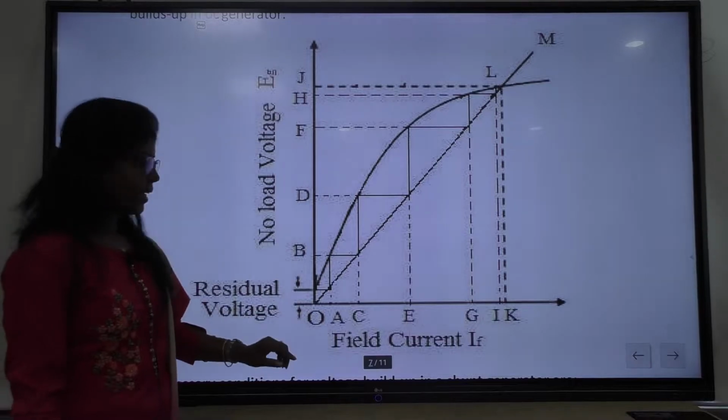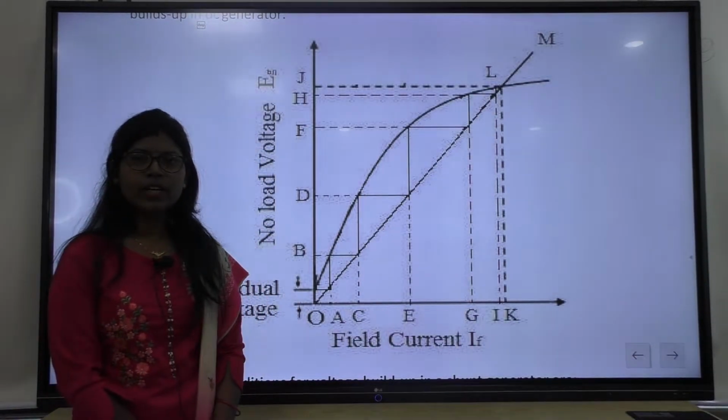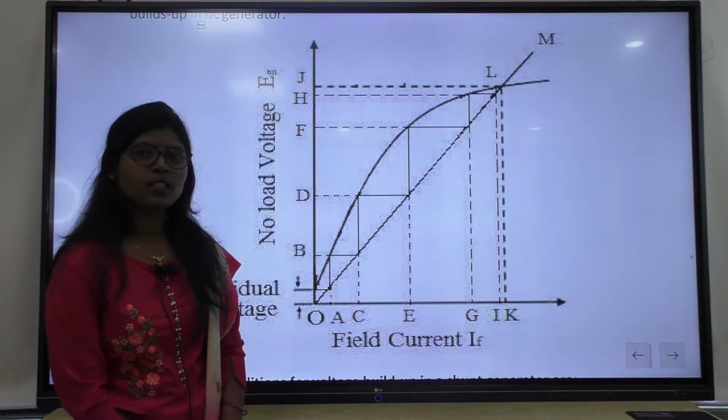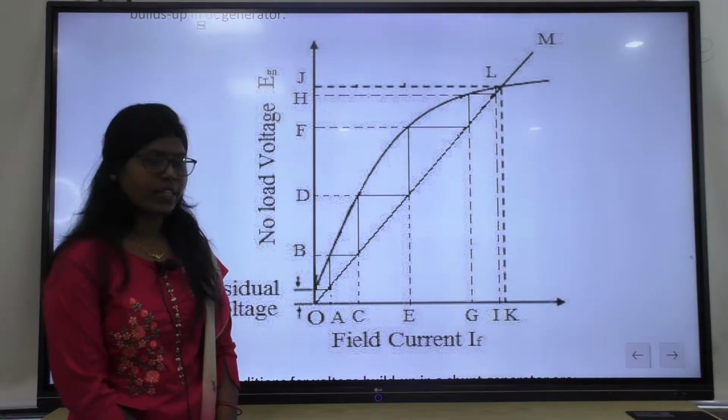When the generator is not started, in that case no current is flowing through the field winding of the generator. So no current means no flux. So no flux means no EMF is generated in the generator. Okay.